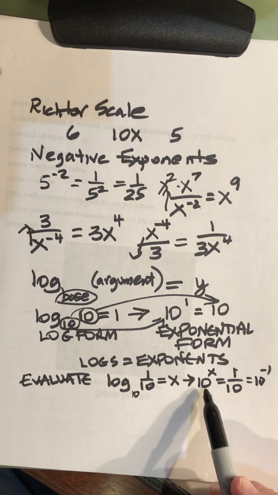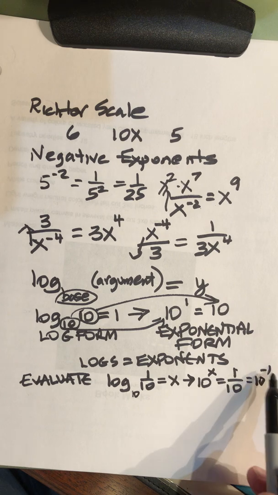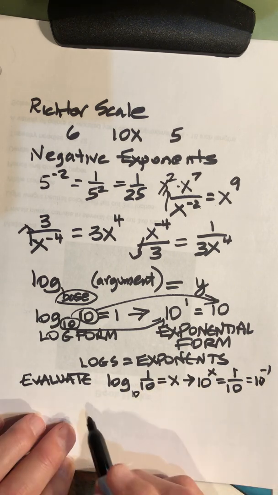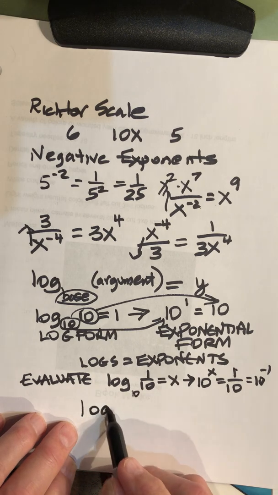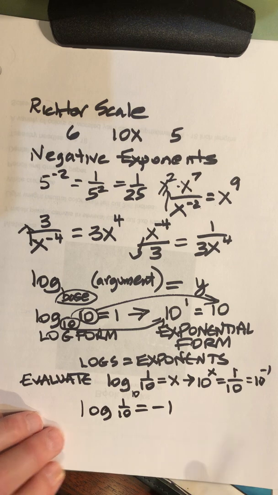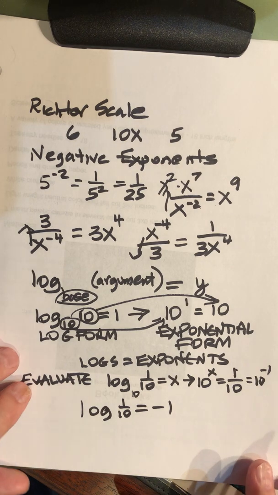They're both base 10. They've got to have the same power. So x has to equal negative 1. If x equals negative 1, then log 1/10 equals negative 1. Okay? Let's do another one.